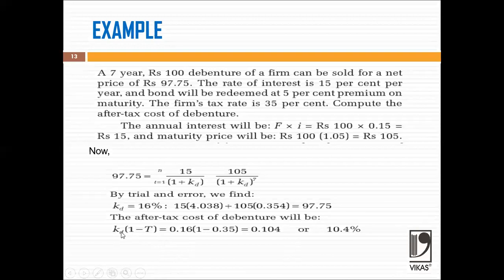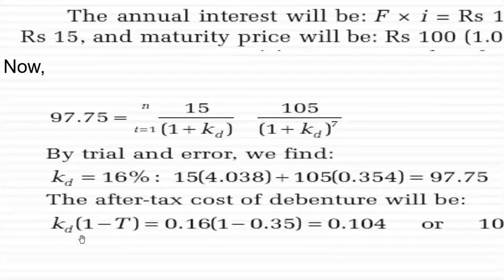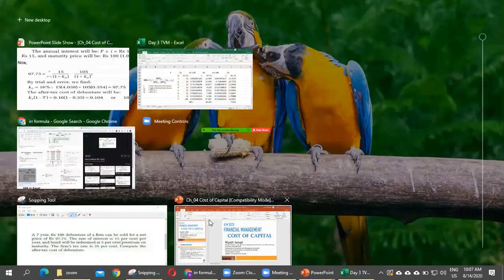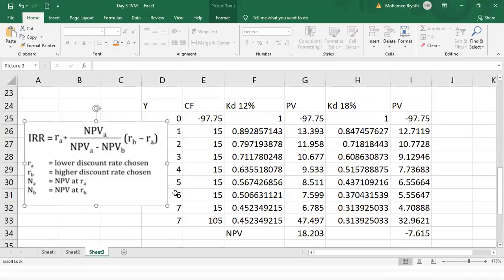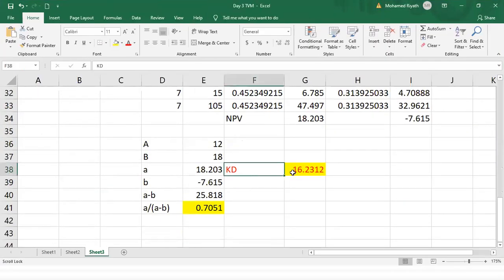And also there's a tax, right? So after tax cost of debt equals KD times 1 minus T. In this example, we have found KD is 16.23%.